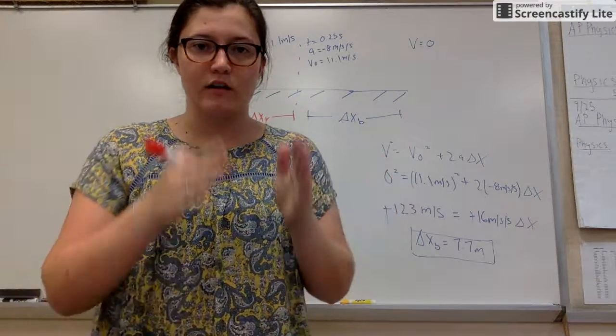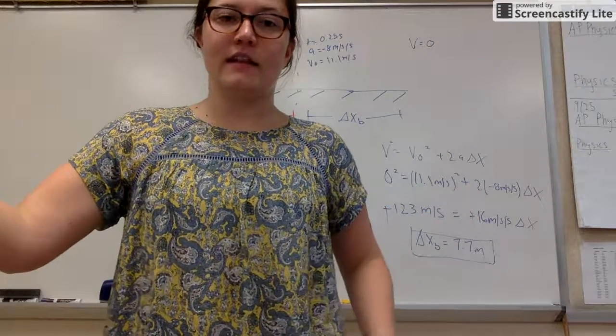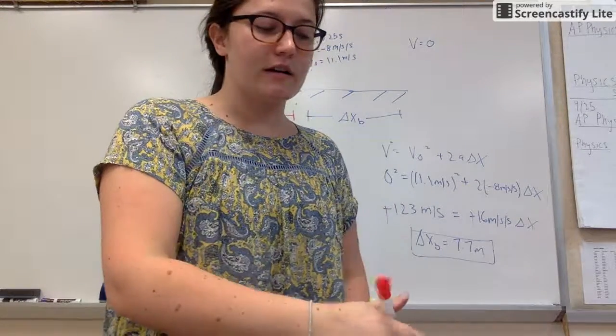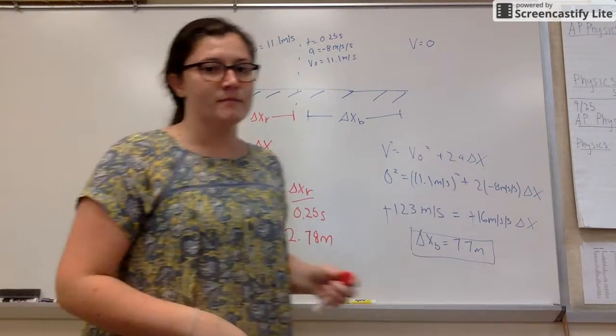So in order to get the entire distance that your car needs to go from that initial velocity, including the reaction time, to a final speed of 0, you have to add those together.